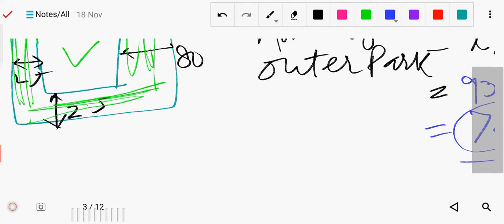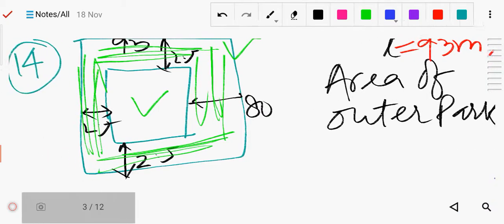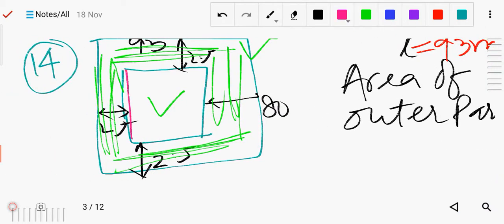For this inner part, the dimensions are not directly given. So how will you find them? Here the total distance is 80.